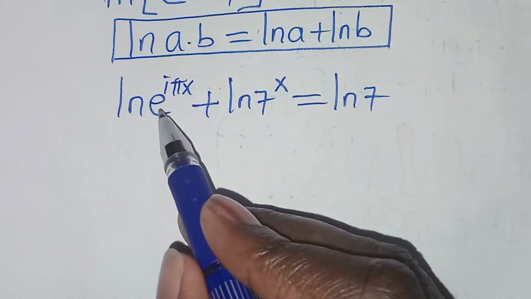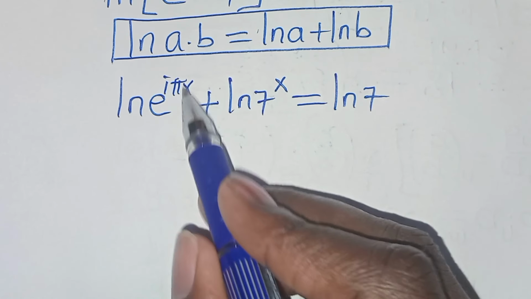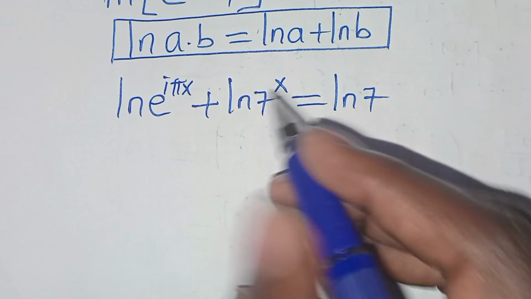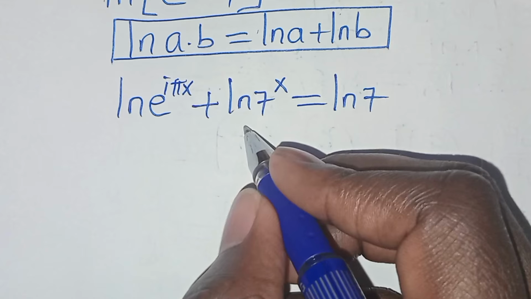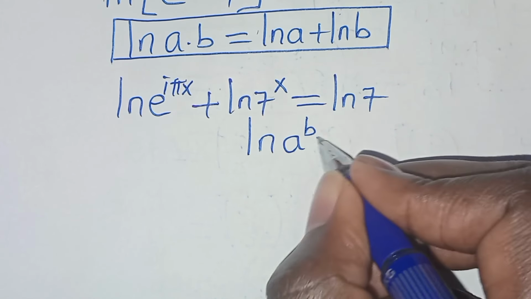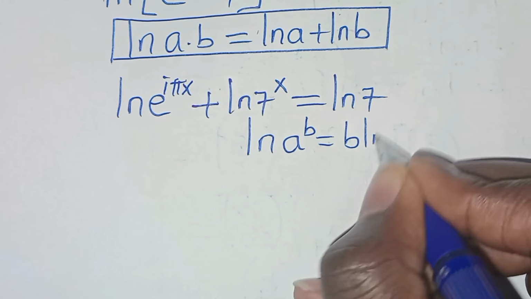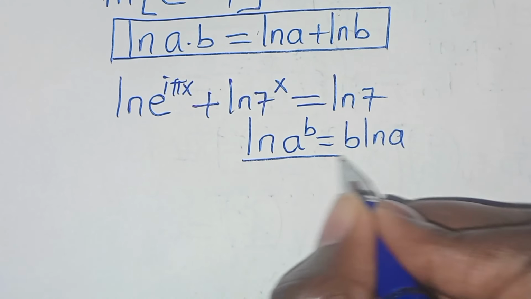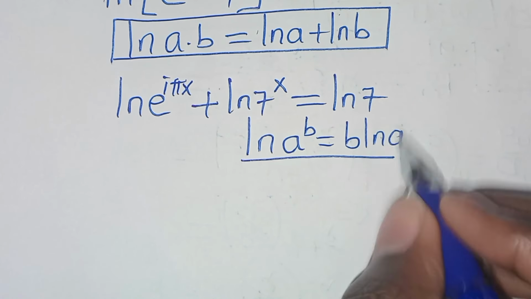You find that ln of e^(i pi x) and ln of 7^x are in the form of ln of a^b, which we can express as b ln of a. Let's apply this power rule property of logarithm.